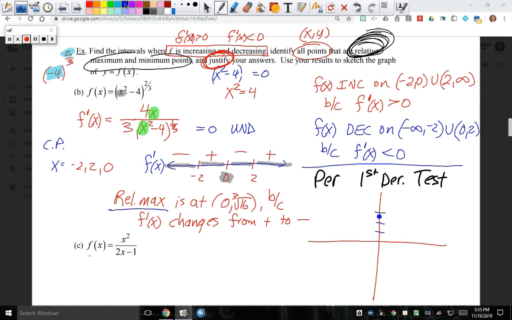Okay. Matthew, what's the relative min? -2, 0. Okay, so -2, 0. Is there another one? And then -2, 0. And relative min at -2, 0 and at 2, 0.